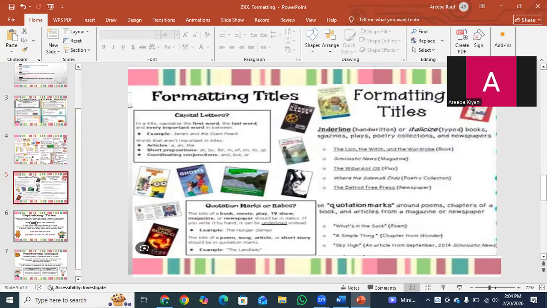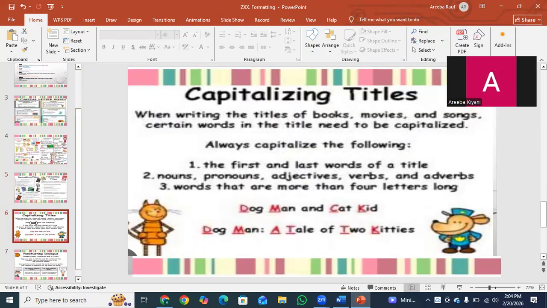The next one is capitalizing titles. When you write the title of a book, movie, or song, you must follow specific capitalization rules. Always capitalize the very first and the very last word of the title, no matter what the words are.